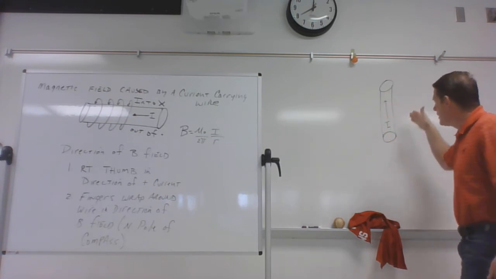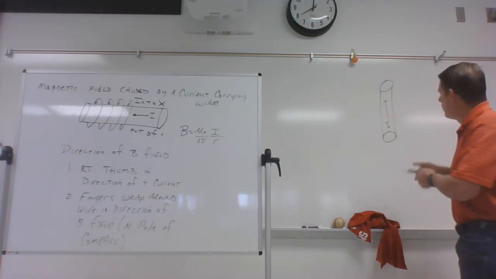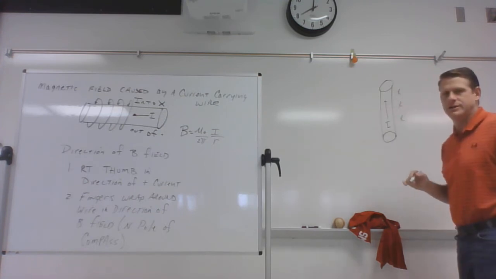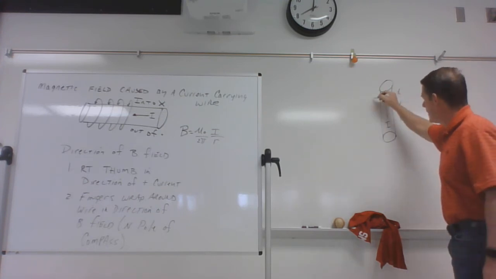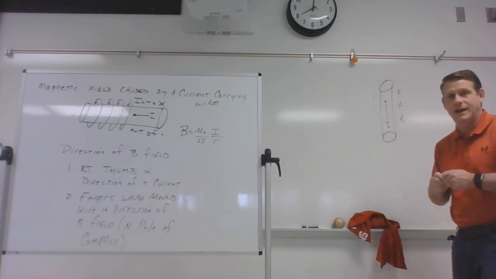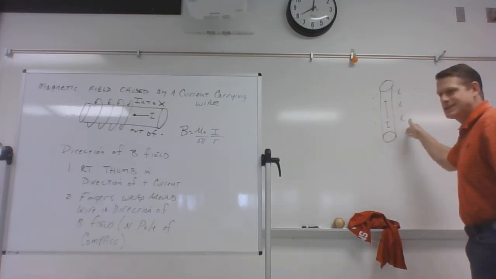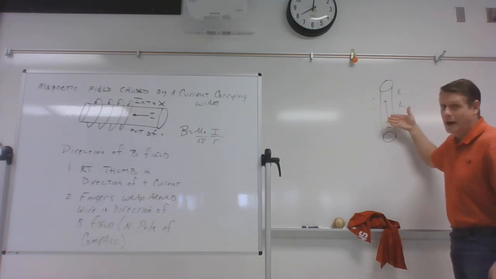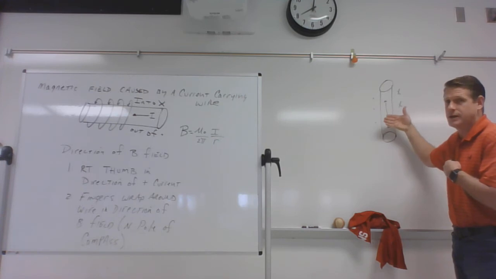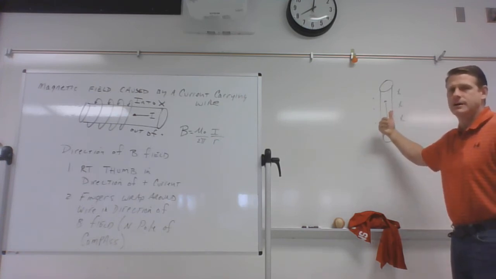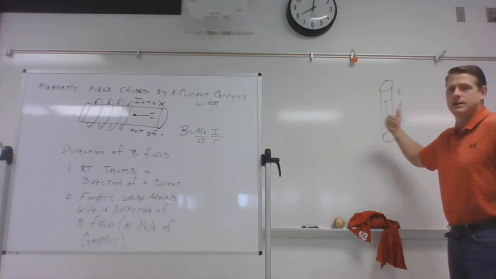Well, the only way I can do that is to go into the board over here on the right. Well, X's are symbols of into the board. I wrap it around, and there's dots over here on the left side. What's that mean? The field is into the board here. I go behind the wire, and then I wrap my fingers around. So on the left side of the wire here, the field would be coming out of the board.